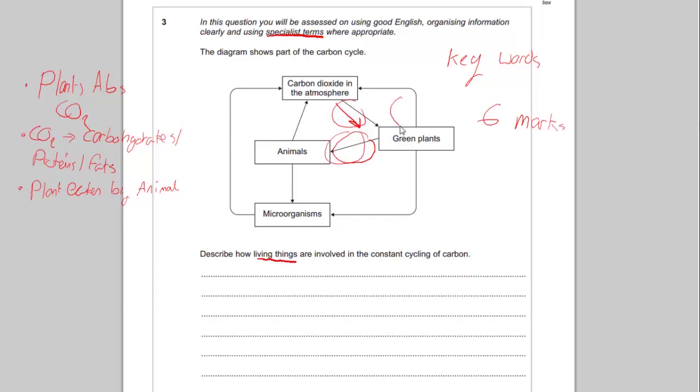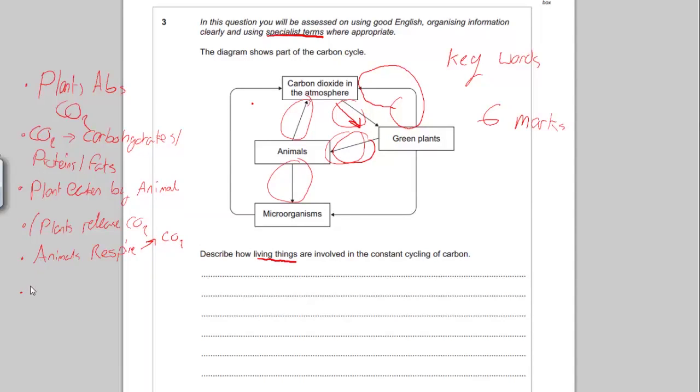Or the plants can give out CO2. This step is when animals respire and give out CO2.